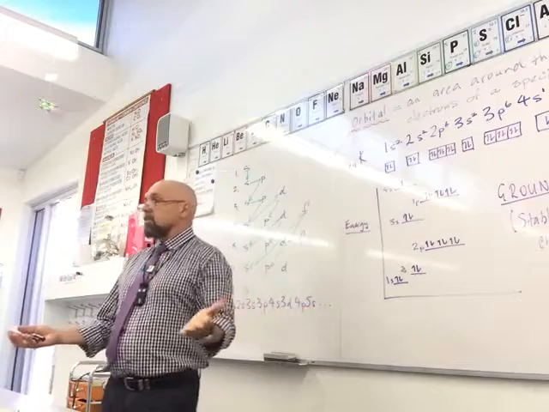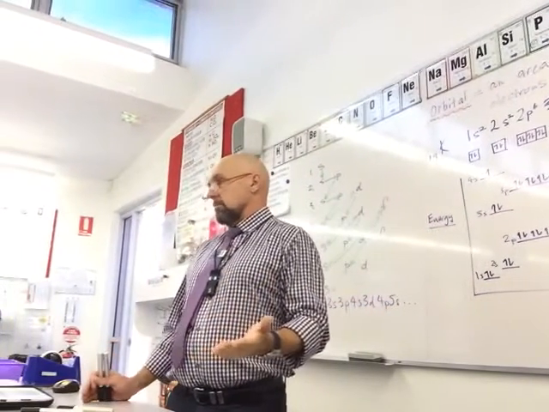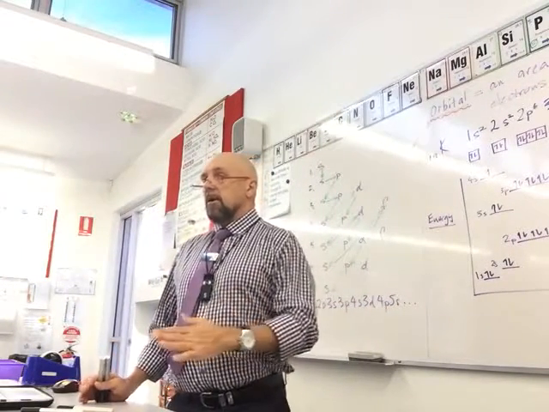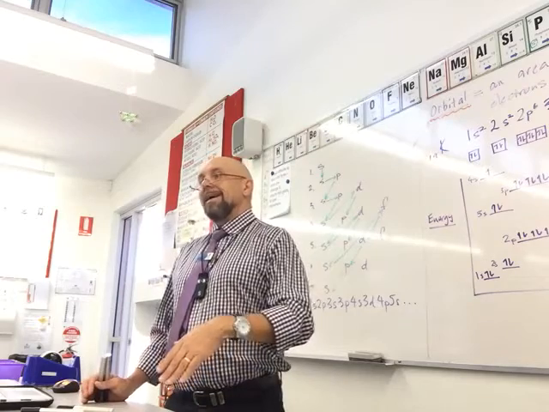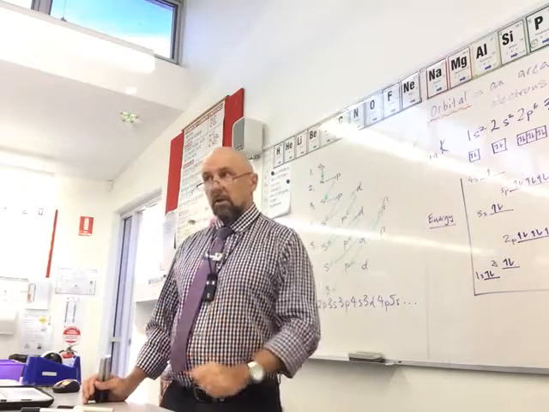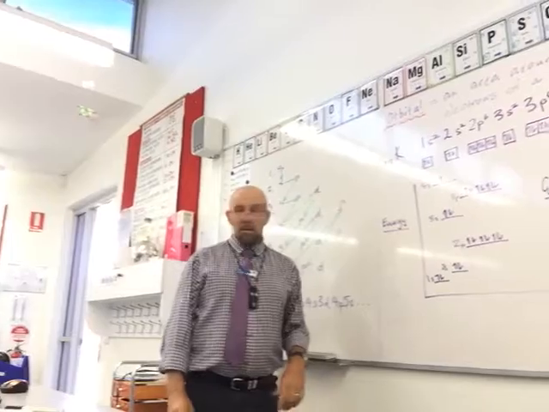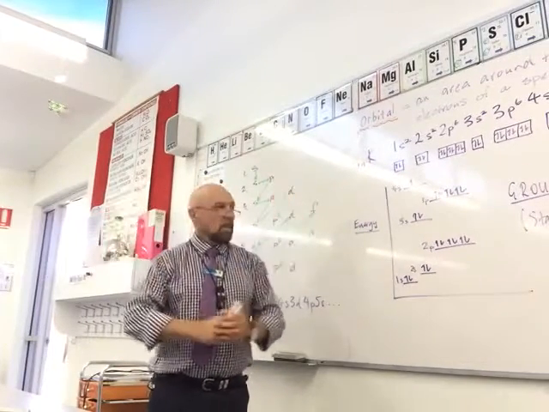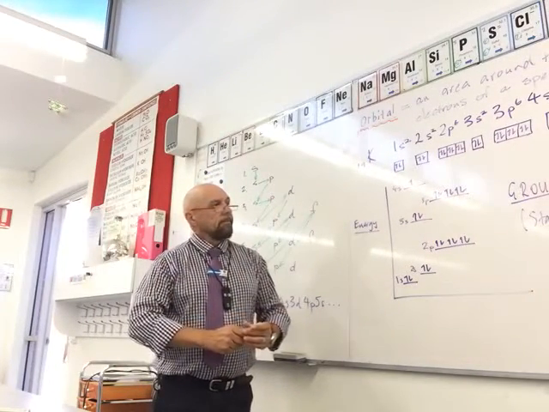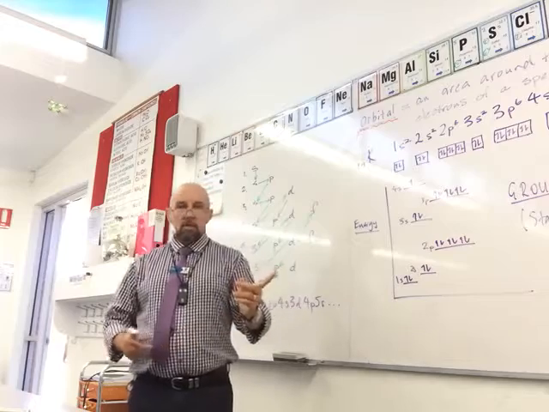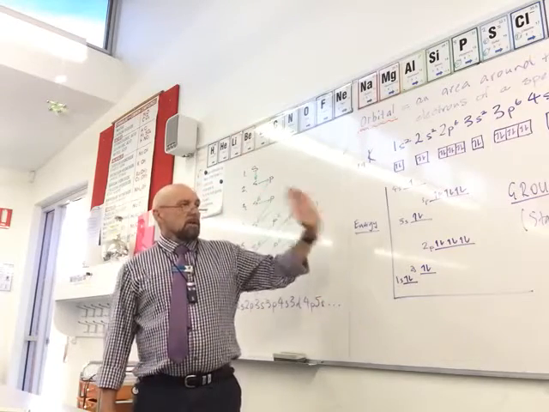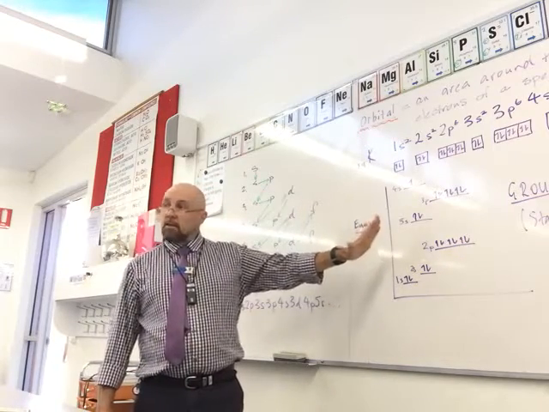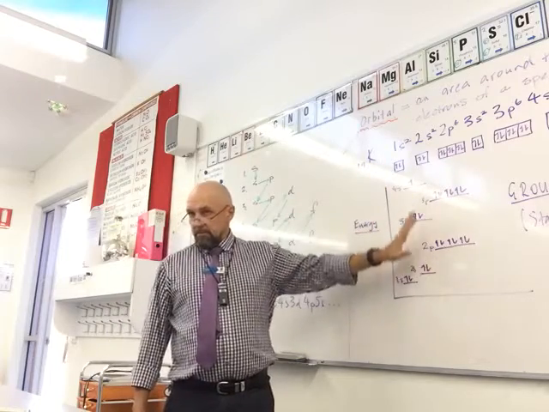90% of the stuff we're going to be doing will be lowest energy at this point, until we start talking about excited states. An excited state is where we begin to move electrons around.